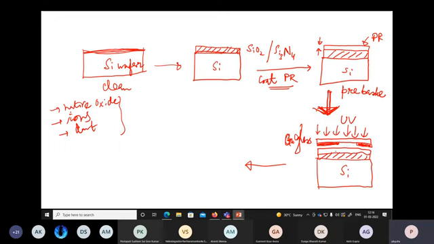Then you do post baking. Post baking means you again put it in the oven and heat it up. Then you use a developer to develop the resist.